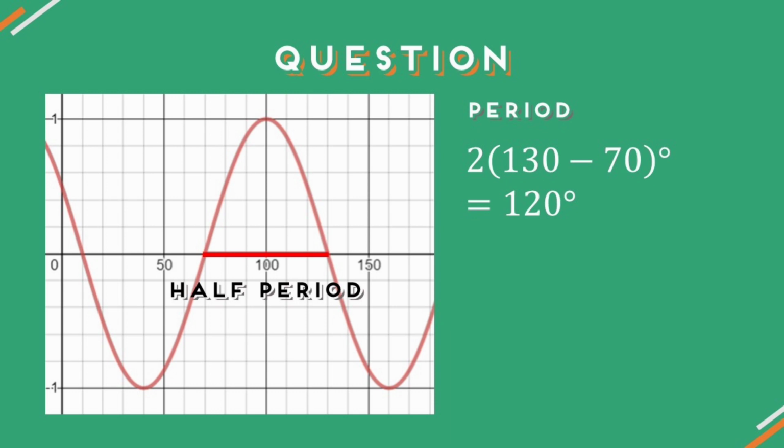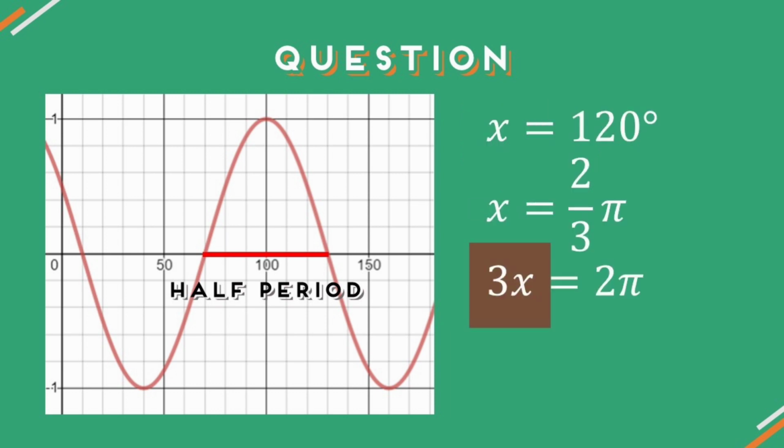We can compose the period equation with x equals 120 degrees. Change it into radian. x equals 2 pi over 3. We can move 3 to the left hand side and it becomes 3x equals 2 pi. So the angle is multiplied by 3.